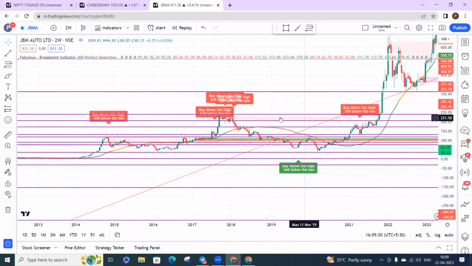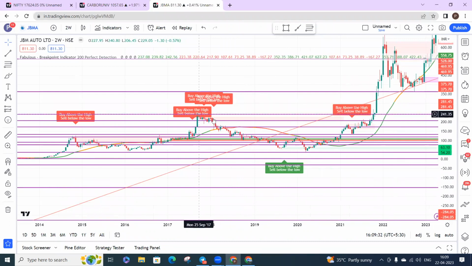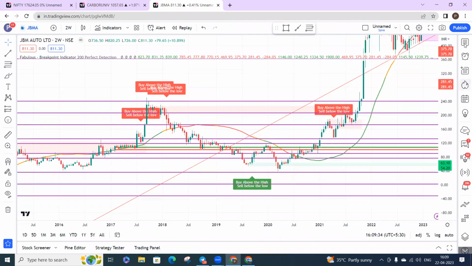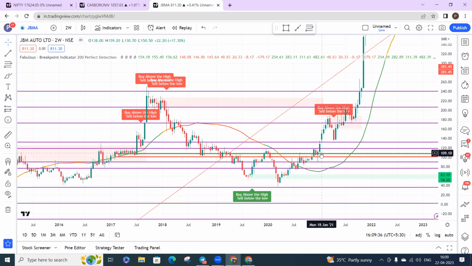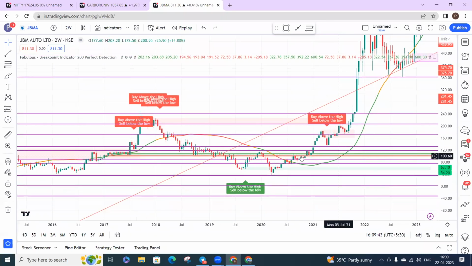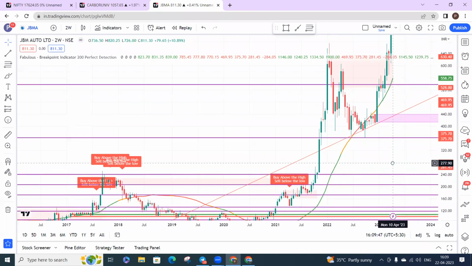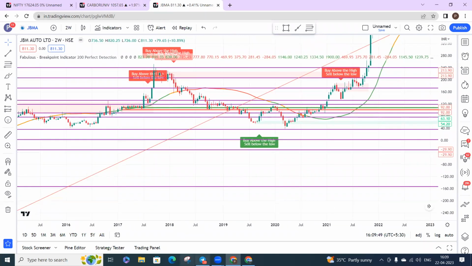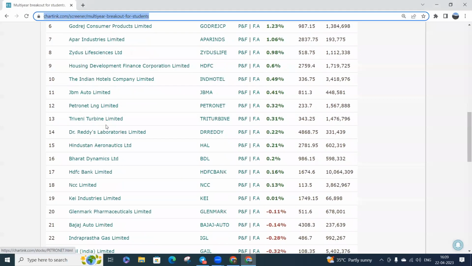Even though other things are giving a buy only above this, our indicator would have given you a very big entry at the bottom side itself. When it reaches somewhere around here, it will definitely go up crazy like this. So we need to find each and every script like it.